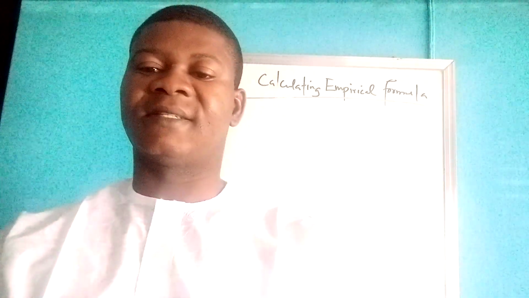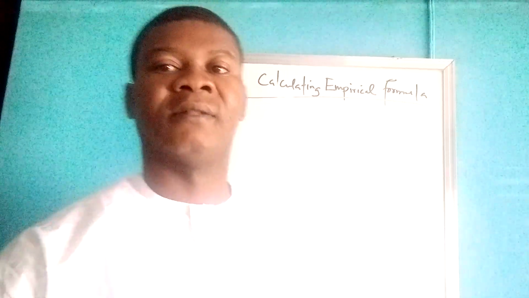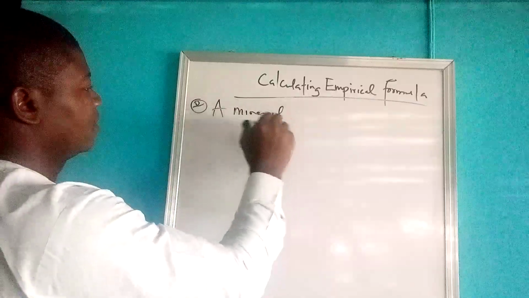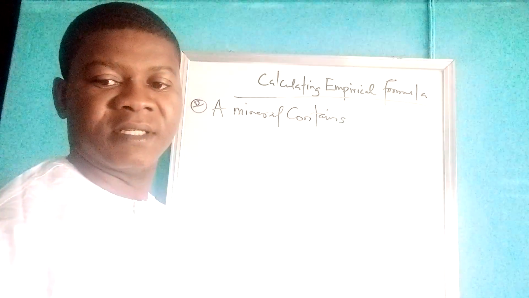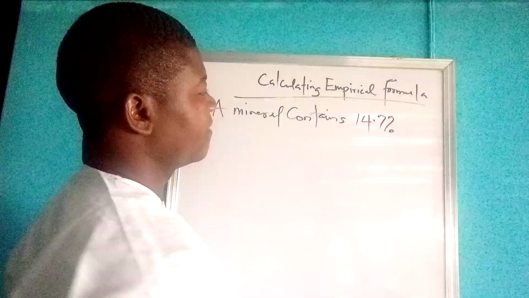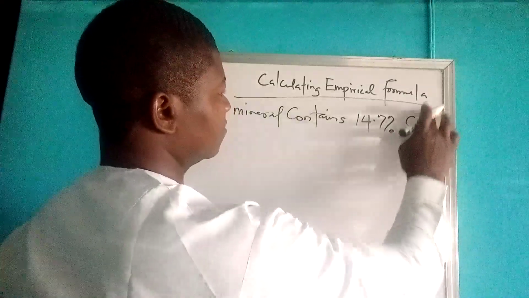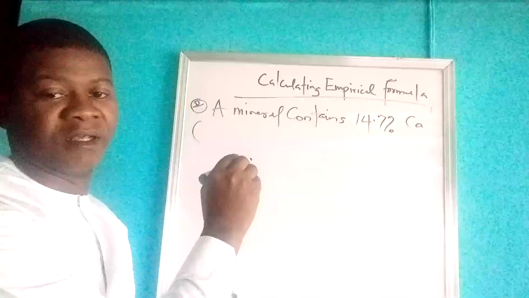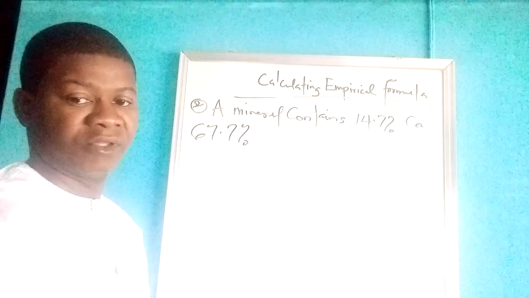This question says that a mineral contains 14.7% calcium, then 67.7% tungsten.